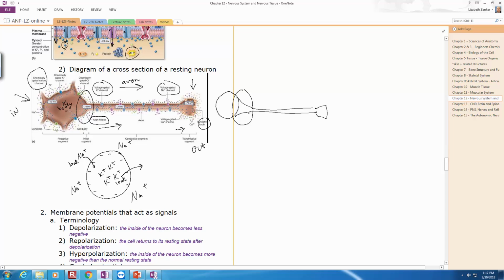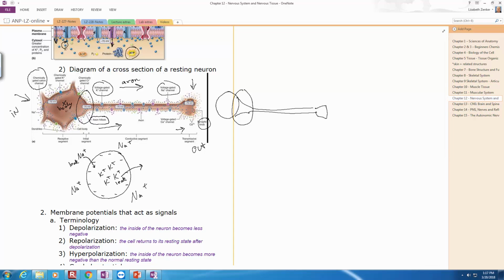This might be a picture you could draw really quickly, and this could be for any cell, essentially. It doesn't have to be just for a neuron. But our neuron, we know its resting membrane potential is what? Negative 70. Got to be negative. Negative 70 millivolts. I do actually have to make you guys do some math today, but we'll come to that.